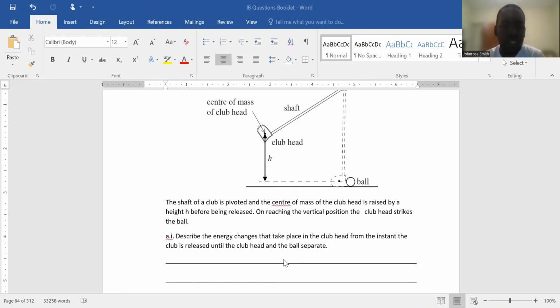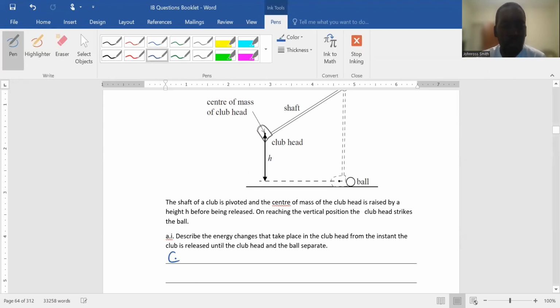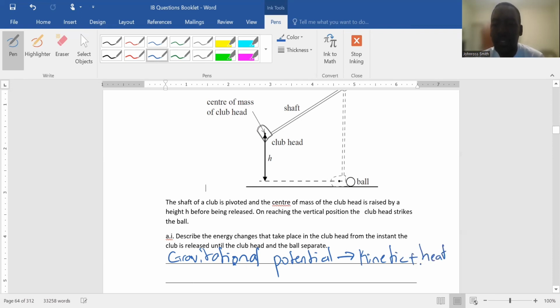Now, the energy changes that will take place here: we first start off with gravitational potential energy. So at the top, we have some stored energy, gravitational potential energy. And when it's being released, that energy will be transferred into kinetic energy, plus heat, because it's going to be rubbing against the air particles.